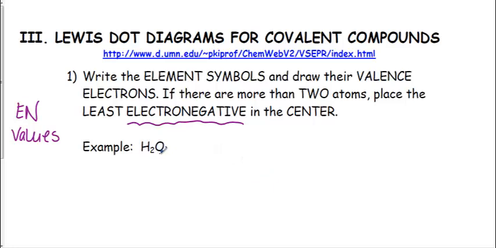Now in water, hydrogen is going to be the least electronegative, so we would start with one hydrogen, and we have another one, and then our oxygen. So first we'll have to draw out how many valence electrons are in each, and each hydrogen has 1, oxygen has 6.